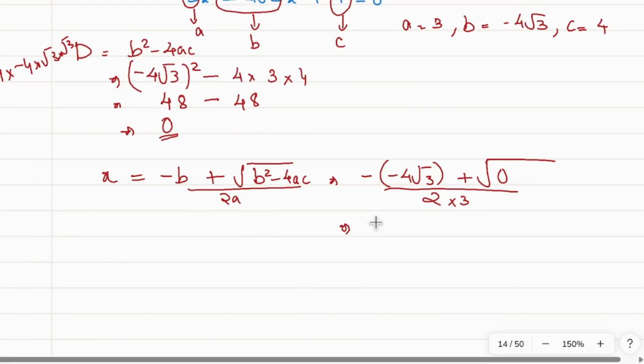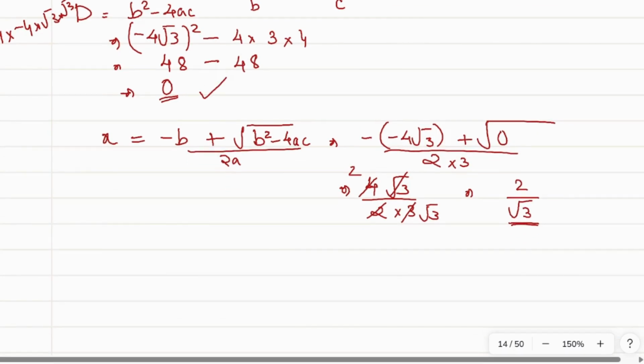Minus of minus becomes positive, so 4 root 3 divided by 2 into 3. The 2 cancels with the 4 to leave 2, and root 3 cancels with the 3, and I get 2 by root 3.